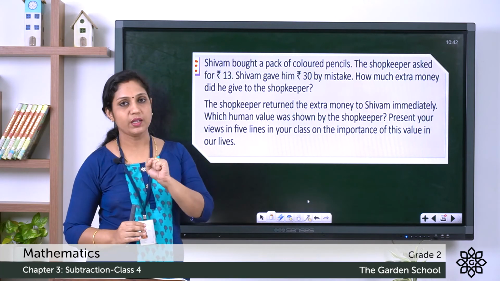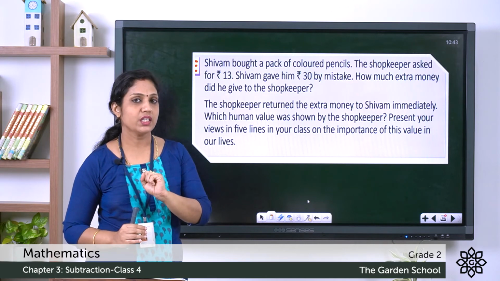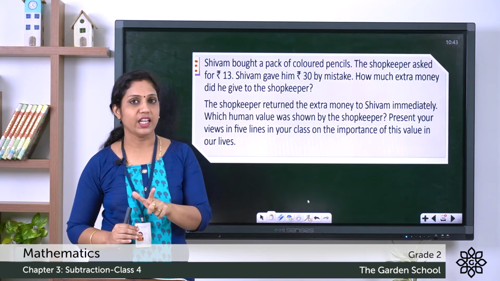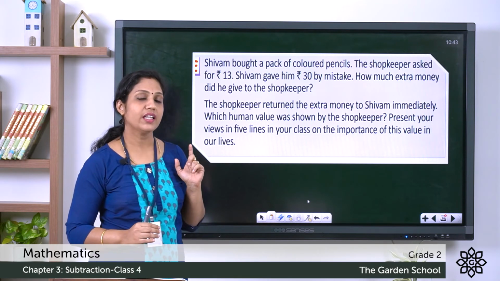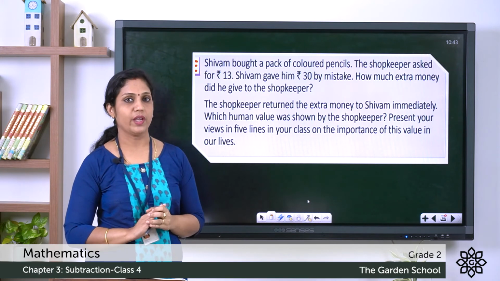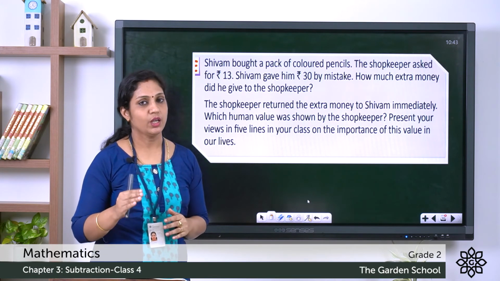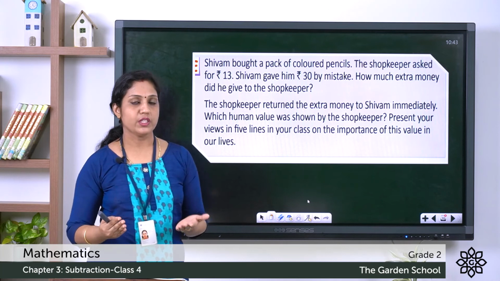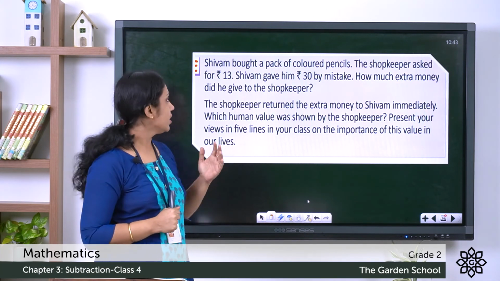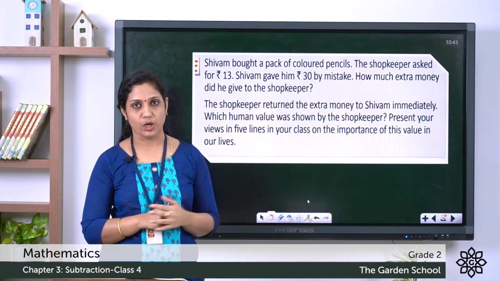Shivam bought colored pencils. And how much was it? It was rupees 13. The shopkeeper said it's 13. And Shivam heard that as 30 rupees. And he gave away 30 rupees to the shopkeeper. So was it correct? No. He gave more rupees to the shopkeeper. Now, how much extra money did Shivam give to the shopkeeper?